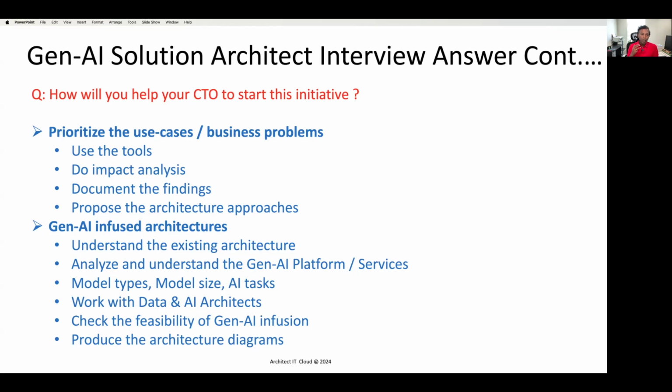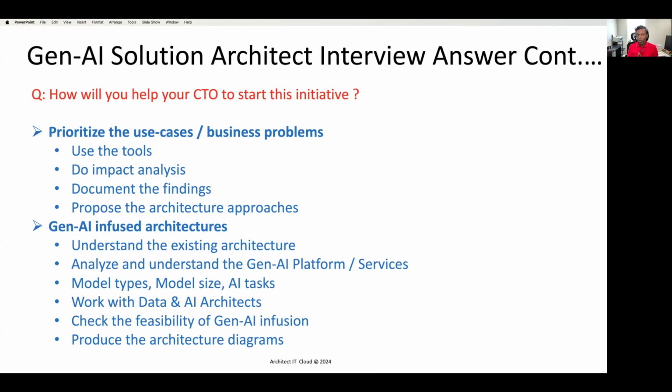For example, when you implement this business use case, who is the beneficiary, who is going to get benefit out of this project, what is the cost saving associated with that, how is the total cost of ownership going to reduce, and how are you going to achieve that with the help of other stakeholders in the organization. So make sure that you list out all the factors, evaluate the business use cases, and pick the one business use case that is going to impact the organization in a better way.